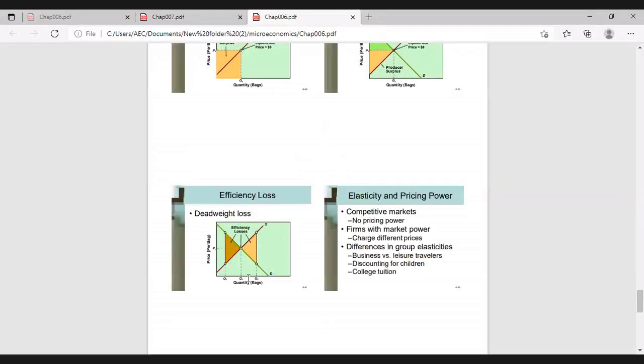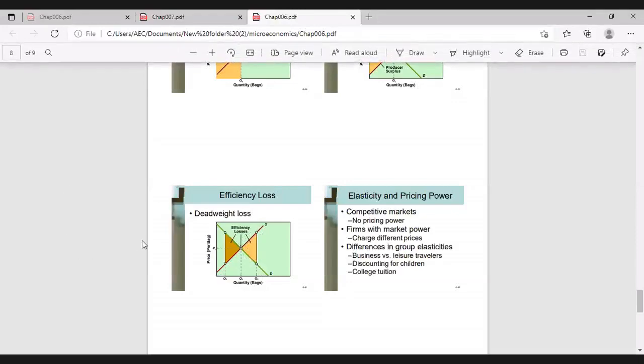Now if we produce more than the equilibrium quantity, that is also a loss because each additional output's benefit is less than the cost. So marginal benefit is less than marginal cost. These are losses. If we produce more than the equilibrium quantity, we have to subtract this loss from this maximum benefit.